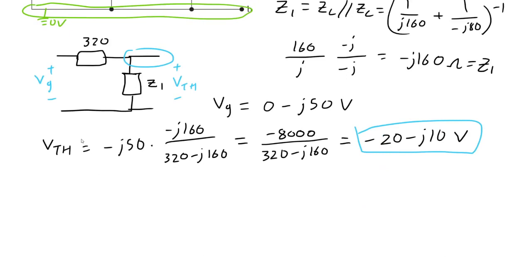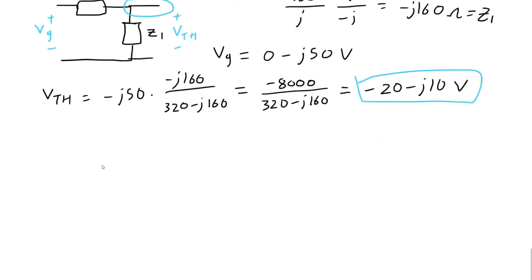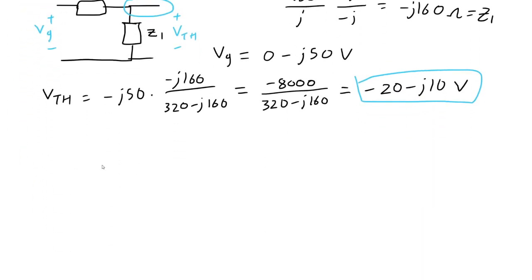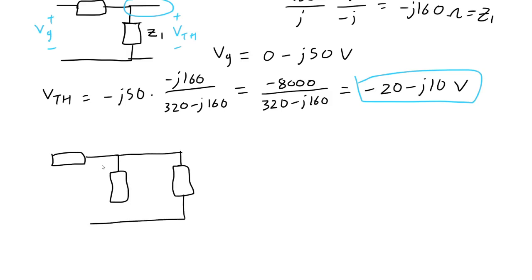Now to calculate the Z equivalent, we're going to look at the terminals, and I believe we have a voltage source. Is that right? Yes, voltage source. So I'm going to go ahead and draw the little boxes again, this time with the source shorted out, because an ideal voltage source is going to have 0 internal resistance, or 0 internal impedance in this case, because we are dealing with a frequency.